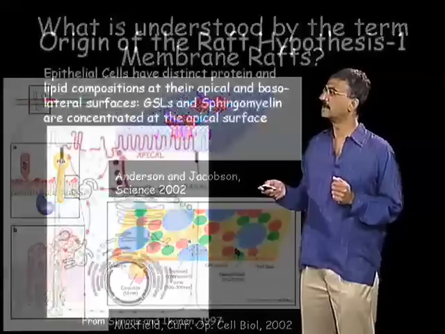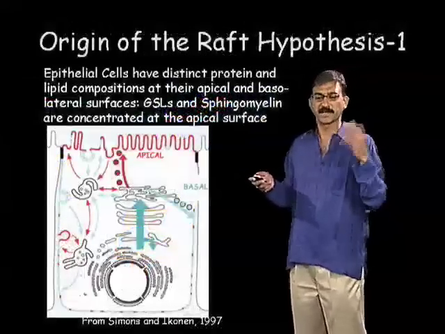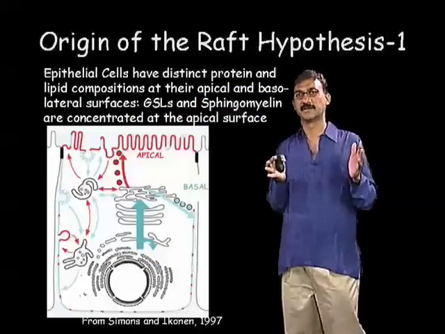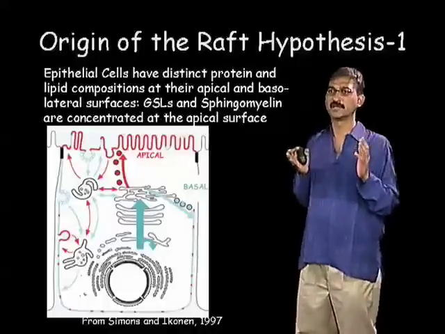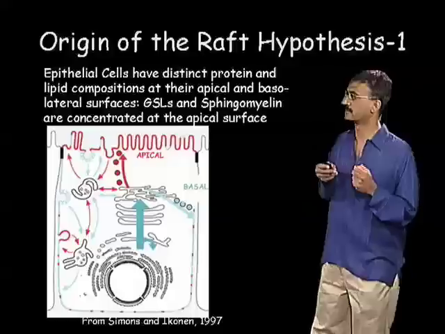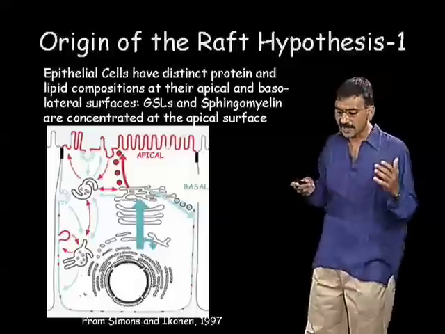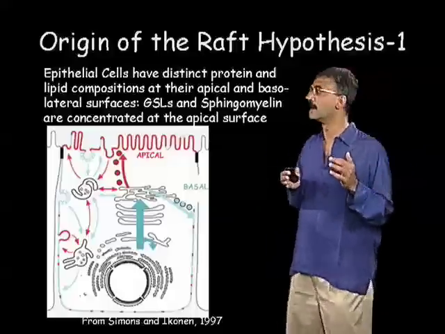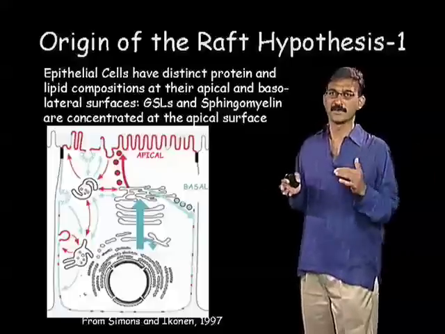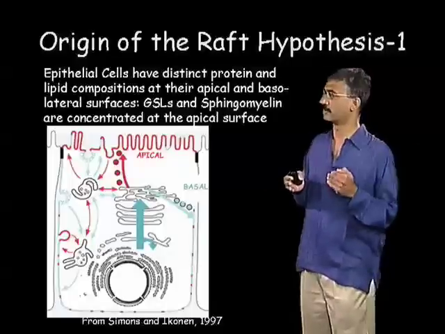But at this point, again, I think it's important to understand why Kai Simons and his co-workers felt the need to propose a notion like the lipid rafts. And I think an understanding of that comes from looking back at some of the historical experiments that led to the proposal of the raft hypothesis.